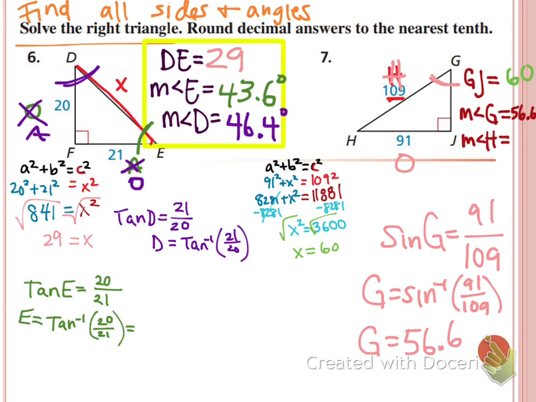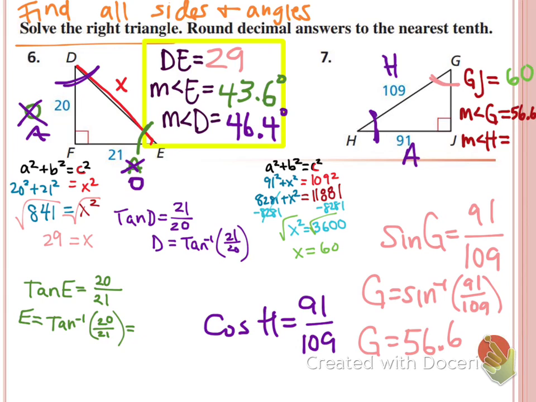And then last, to find H, 109 is still the hypotenuse, but now what kind of side is 91? Adjacent. So which trig ratio are we going to use? Cosine. Good. Cosine from H equals adjacent over hypotenuse.